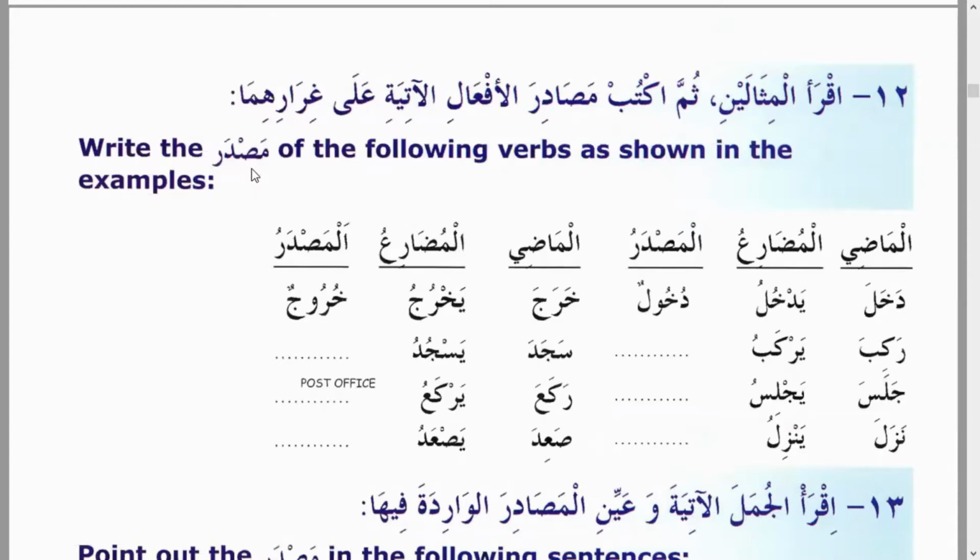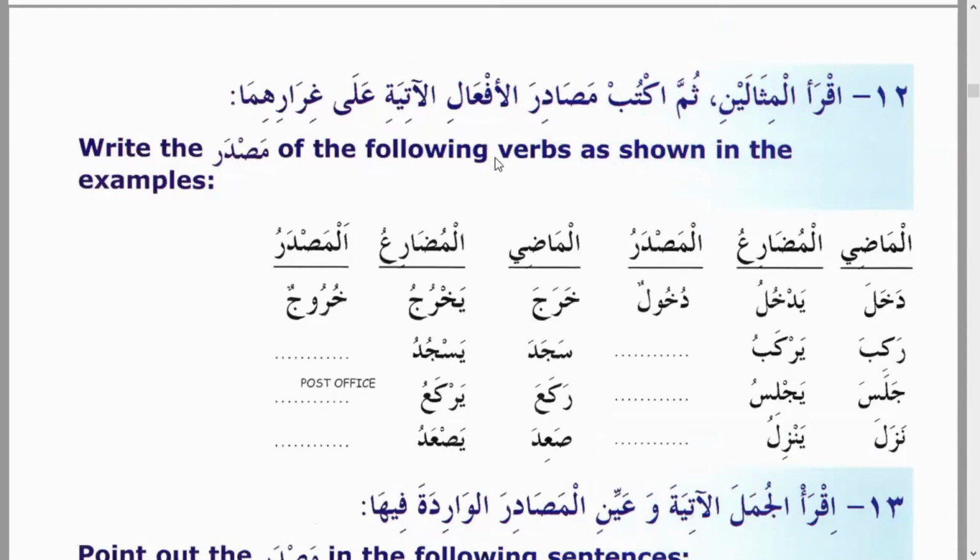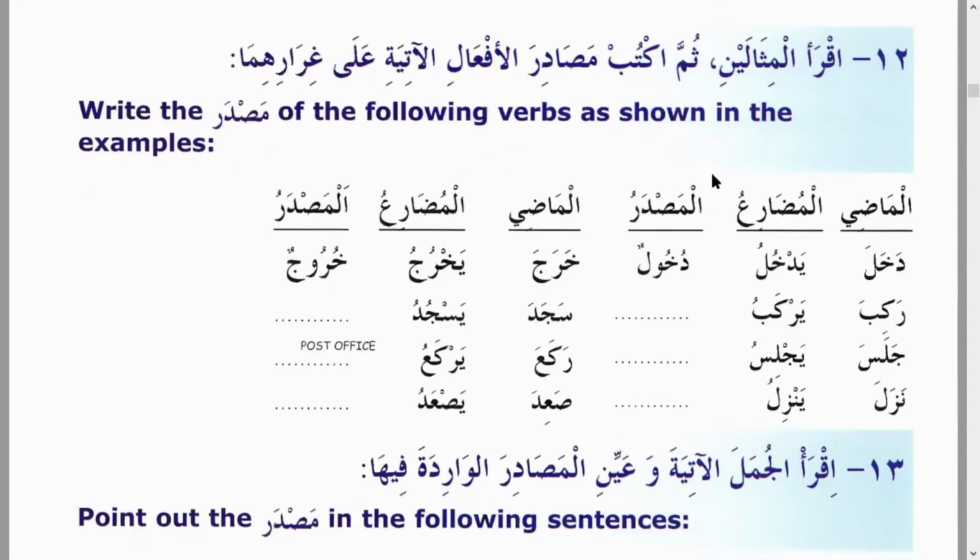There's no problem. Write the masdar of the following verbs as in the examples. So now he's telling us about the masdars. Al-madi wal-mudaari and masdars, right? Masdar is a verbal noun, and there is no fixed pattern about it at all.